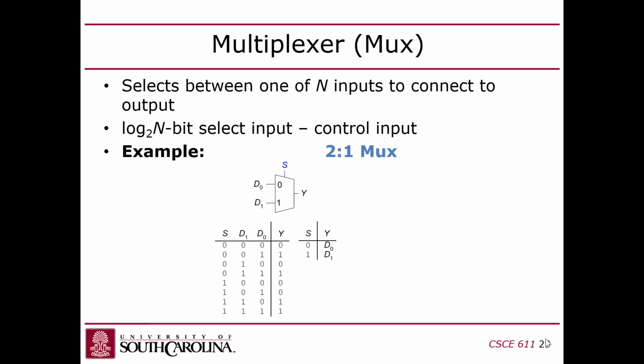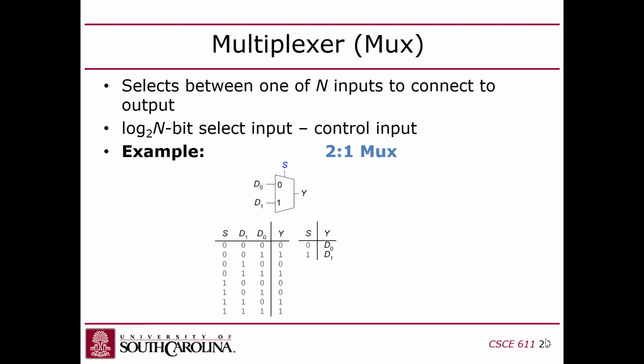So a multiplexer, just to review a bit, is a component that has multiple inputs, usually a power of 2. It doesn't have to be a power of 2. And then a single output, and then there's a select.